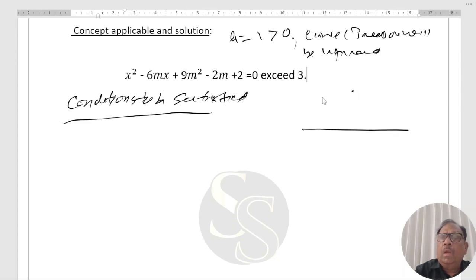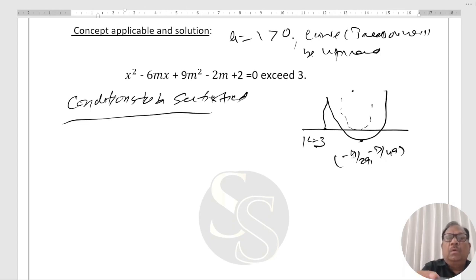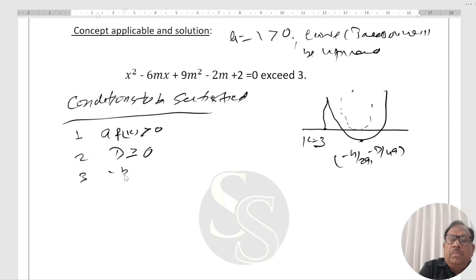एक बार हुआ लाइक दिस भी हो सकता है और लाइक दिस भी हो सकता है। ये दे रखा 3, k इक्वल टू दिस इज -3/2 है, -3/4, राइट। फर्स्ट कंडीशन a f k should be greater than 0 और दूसरा d should be greater than equal to 0, third -b/2 है should be less than 3.